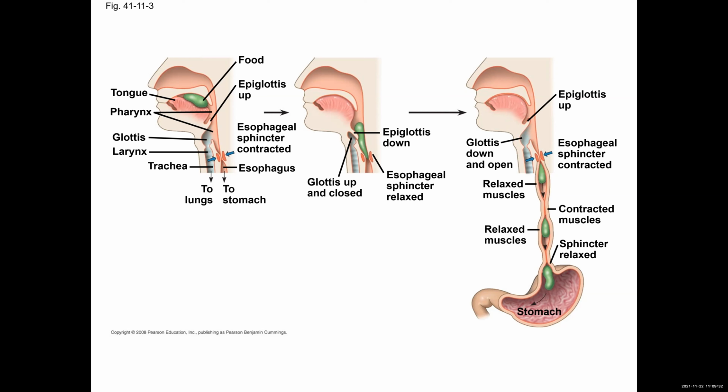All right, what happens in the stomach? Once the food gets dumped into the stomach, it's going to be mixed with more mucus and secretions from the stomach. We'll get to those in the next slide. The stomach itself is stretchy, right?